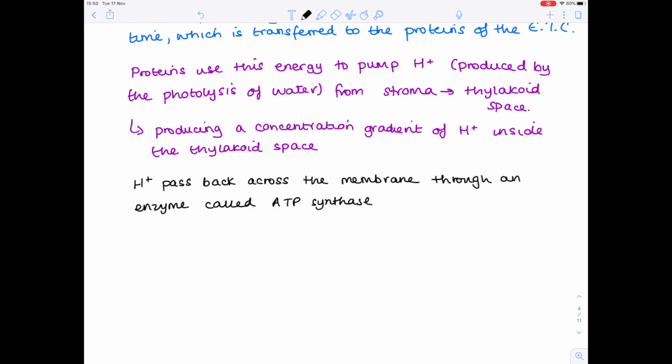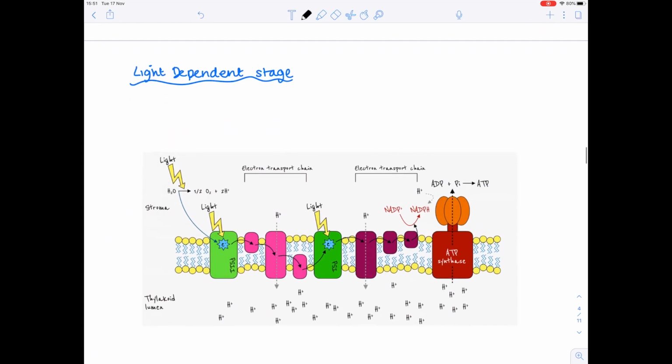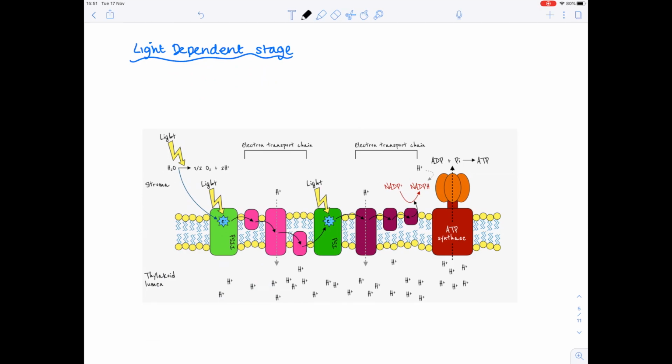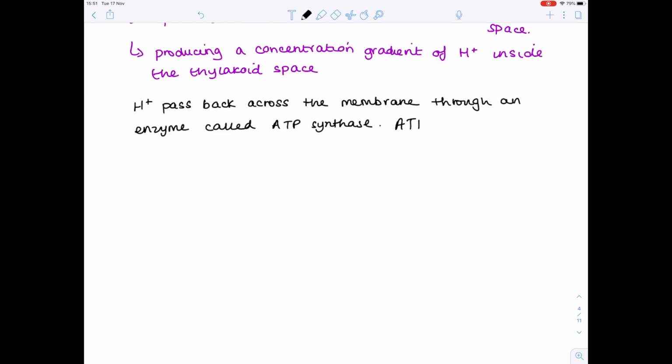As those hydrogen ions pass through the ATP synthase, they provide the energy required for the ATP synthase to produce ATP from ADP and an inorganic phosphate. As you can see, the hydrogen ions are passing through here, nice and passively, because they're going from an area of high concentration to an area of low concentration, and that enables the ATP synthase to combine the ADP plus that inorganic phosphate to produce ATP.